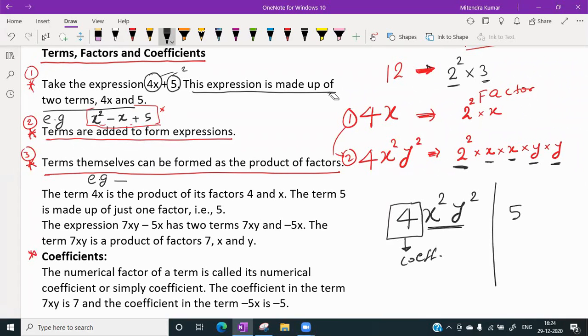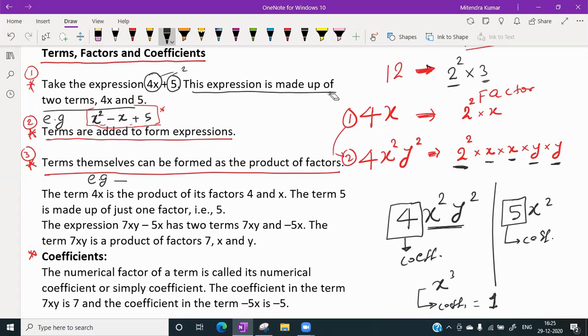If I write 5x square and I ask what is the coefficient here, this numerical value is called coefficient. If I write x cube and I ask what is the coefficient here, आप लोग बताओ what is the coefficient here? One. If nothing is there, 1 तो हमेशा रहेगा ही रहेगा.